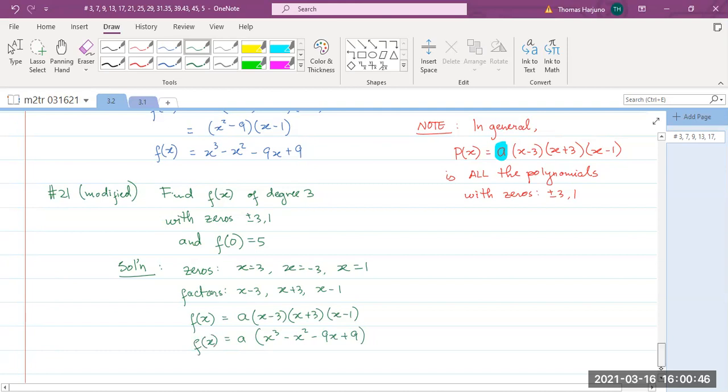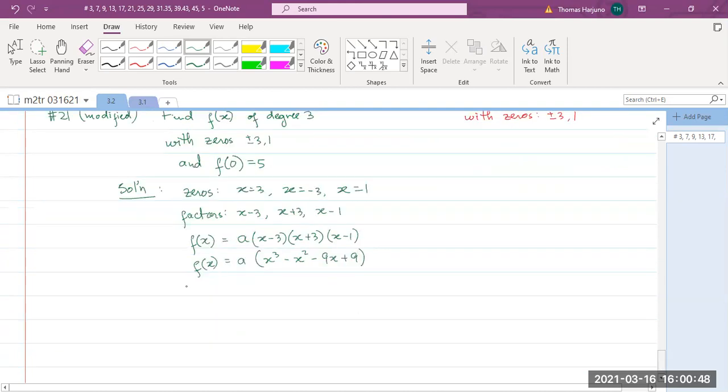Okay, now I need to find the a. Now what is f(0)? f(0) equals a times 9 because x equals 0, right? At the same time, we know that equals 5. So a equals 5 over 9.